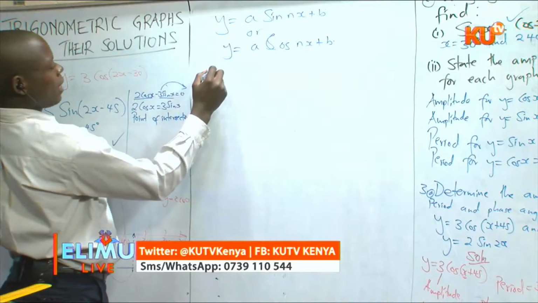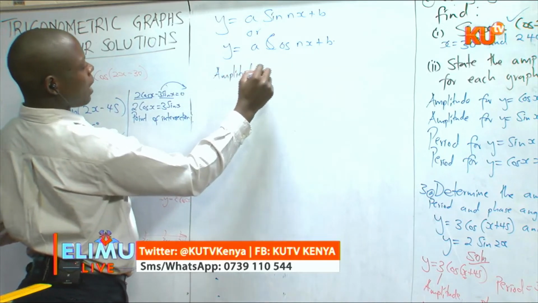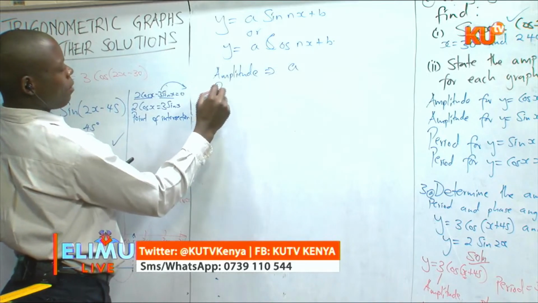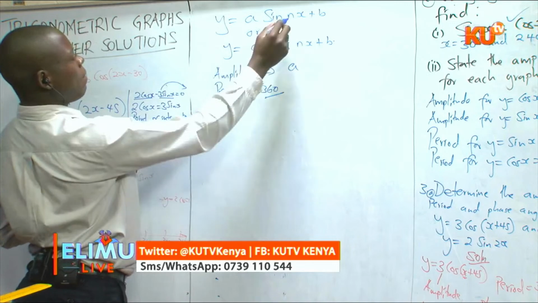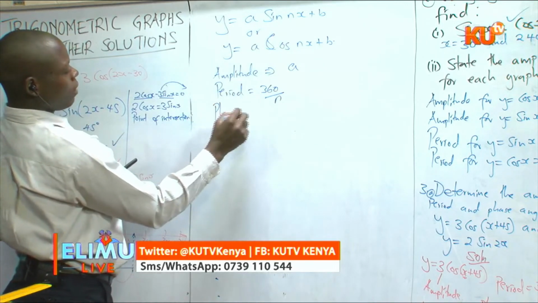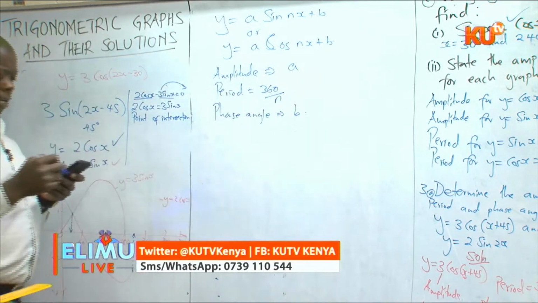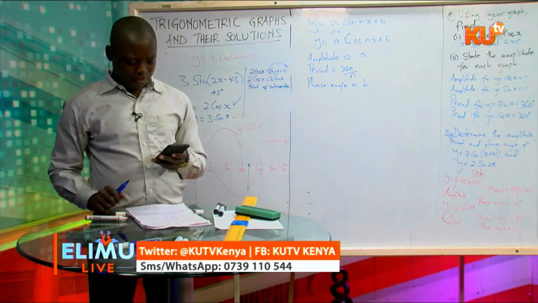And so the amplitude is always the coefficient of the sin or cos, which is a, and then the period is given by 360 degrees divided by the value of n, and then the phase angle is the angle difference, which is b. So that's how you work out Gloria without drawing the graph.